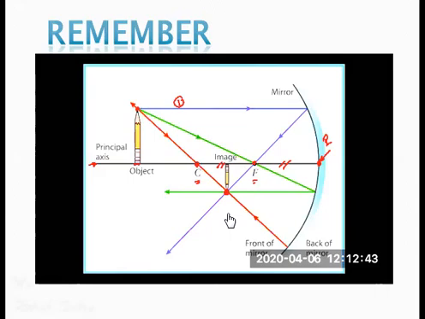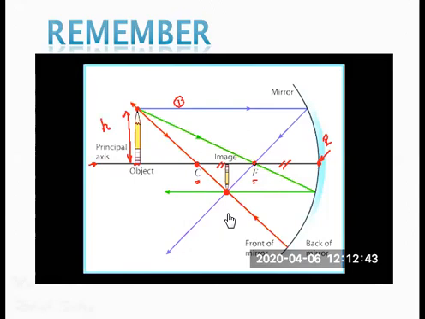The head is here below the principal axis, so it's inverted. It's in front of the mirror, so it's real. By the way, we have to say that this is the height of the object. It's h.